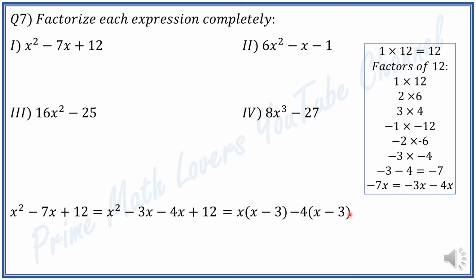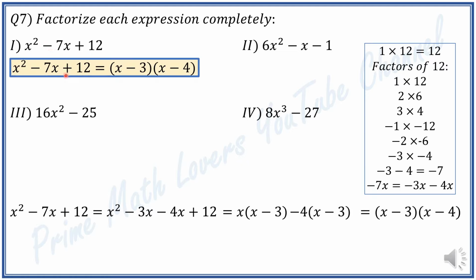Notice that both pairs have a common factor of x minus 3. We factor out x minus 3, this common binomial factor, and we get x minus 3 times x minus 4. We have successfully factorized the quadratic expression of x squared minus 7x plus 12 into the product of two binomial factors of x minus 3 and x minus 4.